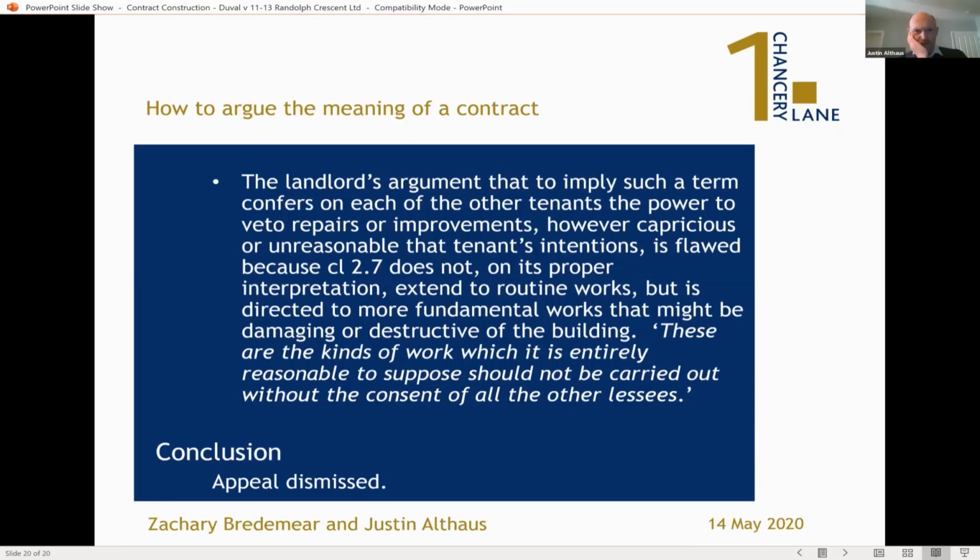Well, I can see that if the equivalent to clause 2.7 is much more wide-ranging, if the absolute covenant on its proper construction precludes really quite routine works, then I think that argument has rather more force, and it might well carry the day.